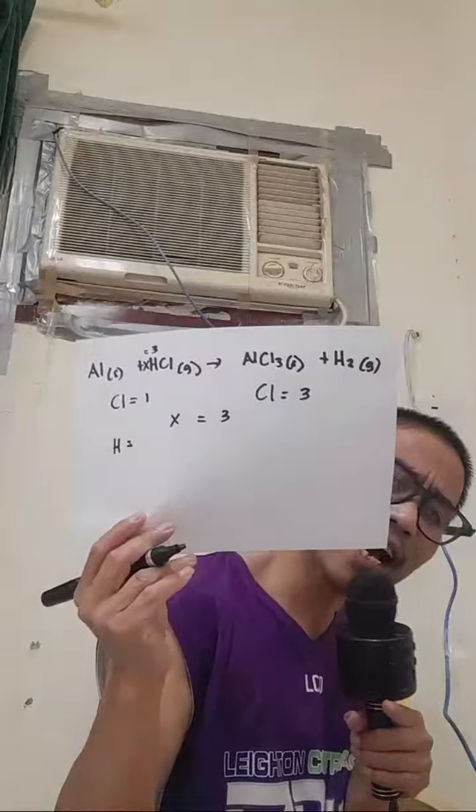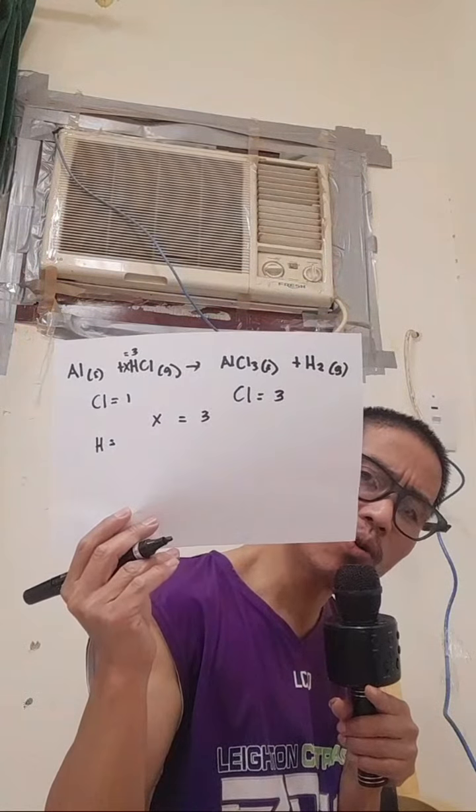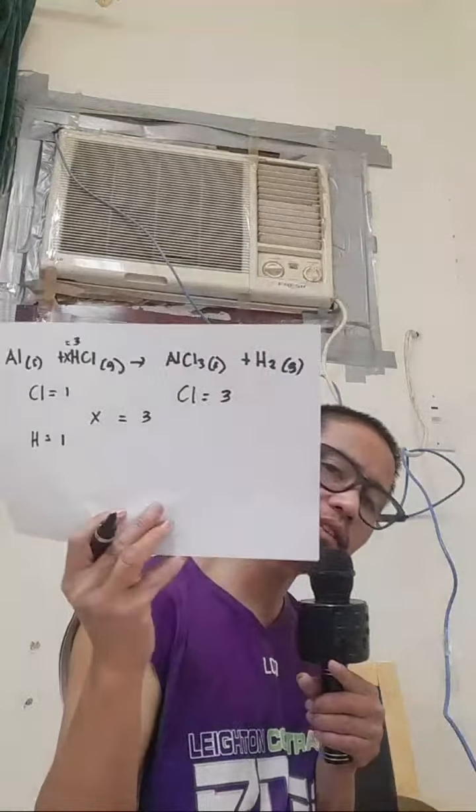In the left side, we have 1 mole of hydrogen. Still 1, the same as chlorine, right? Now, in aluminum chloride and H2 gas in the product, that is 2. Why 2, sir? Because subscript 2 times 1 mole beside H2.